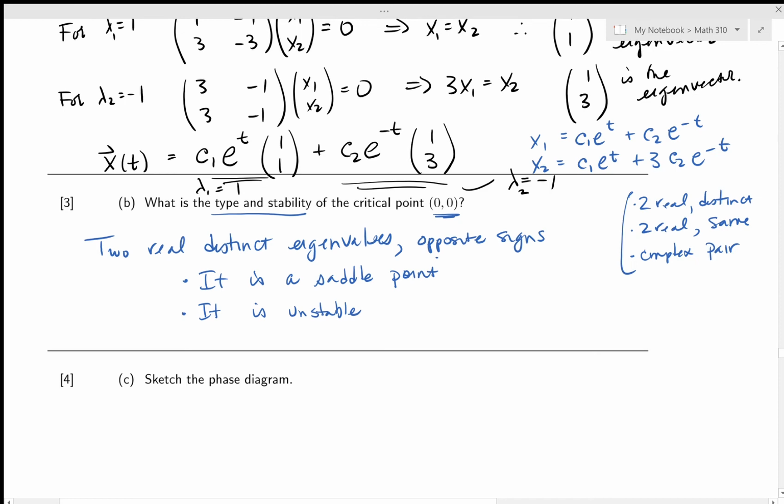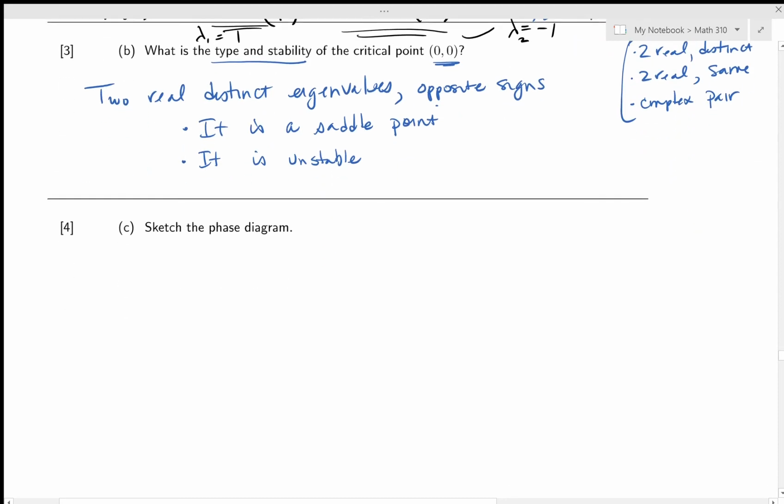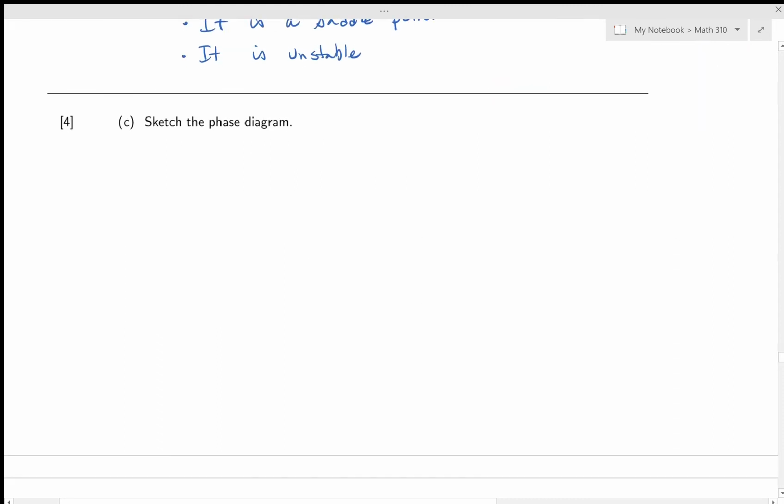Okay, and then we're going to sketch the phase diagram. So let me try and sketch the phase diagram. We know what the eigenvectors are. That's going to assist us in sketching the drawing here. So I'm going to draw here.